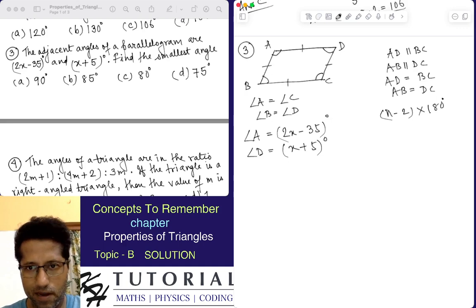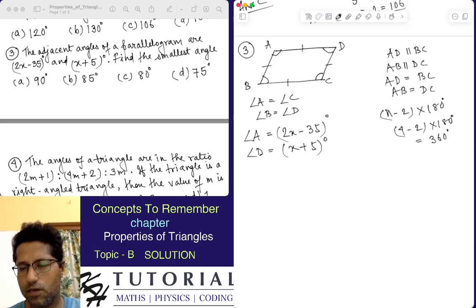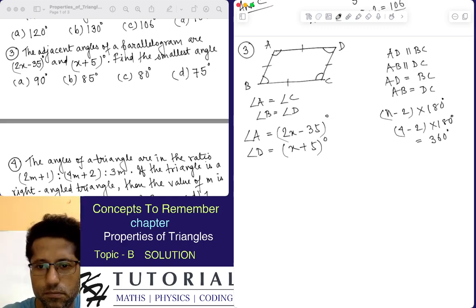Now in a parallelogram or any quadrilateral, n is equal to 4. So we have (4 minus 2) into 180 degrees, which is equal to 360 degrees. So the sum of the corner angles of any quadrilateral, and of course a parallelogram, will be 360 degrees.